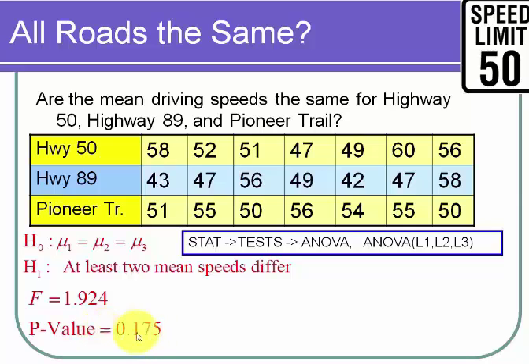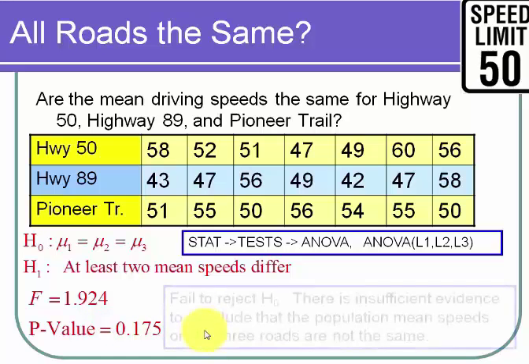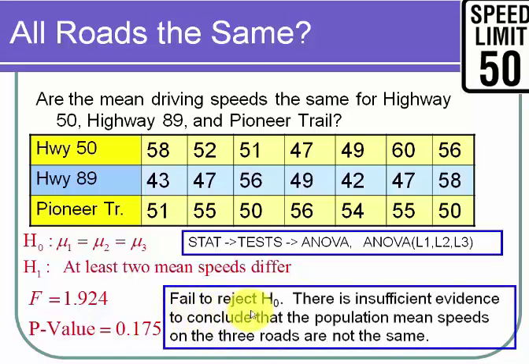So when we have a high p-value, the conclusion is fail to reject H0, the same as any other tests that we've done. That means there is insufficient evidence, and then we just state H0. Okay, or H1 since it's insufficient. And we say there is insufficient evidence to conclude that the population mean speeds on the 3 roads are not the same.